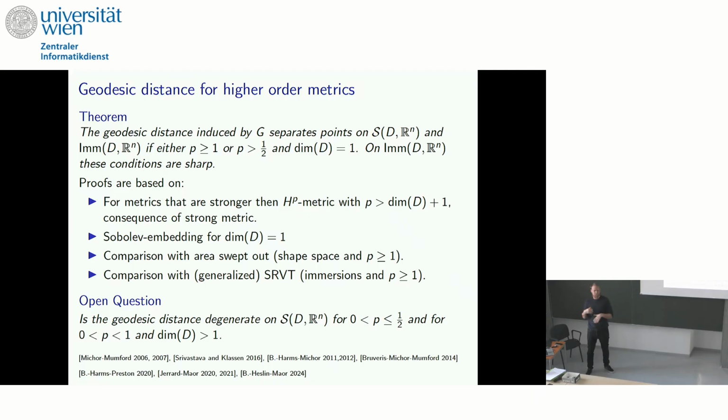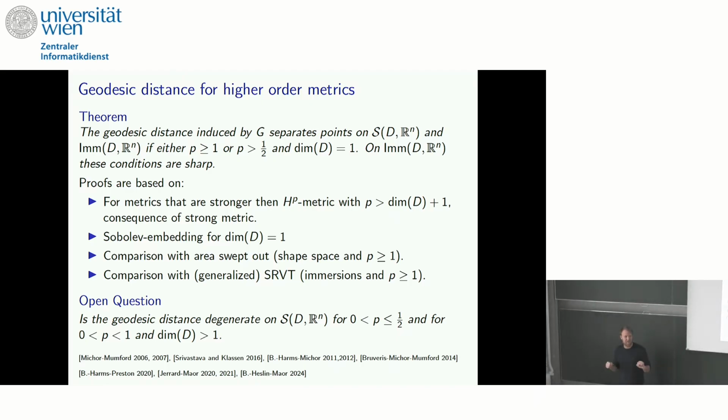The proof for order 1 is slightly more geometric and slightly more tricky, but it's still pretty straightforward. On the other hand, it's not clear what happens below this. So we don't really know if these are strict estimates, or if they are necessary. I would believe they are.